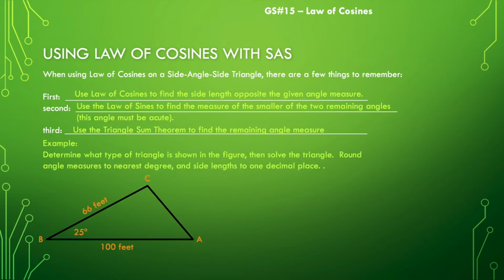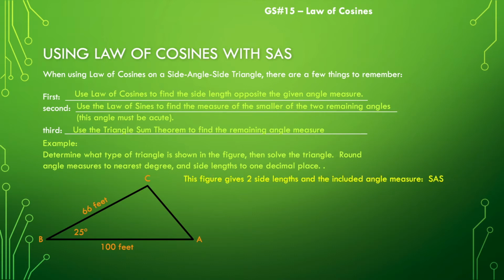So here's an example of an oblique triangle where we're given two side lengths and the angle measure that's between them. Now this is in a slide that talks about SAS triangles, but as we are developing these skills, you should be able to take a triangle with some information and then determine what kind of information you're given so you know which tools to use.